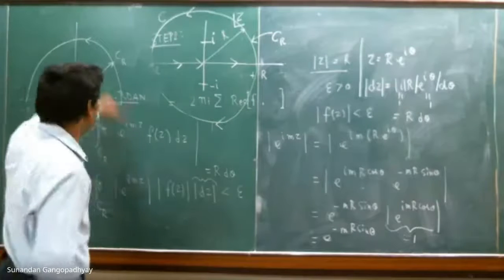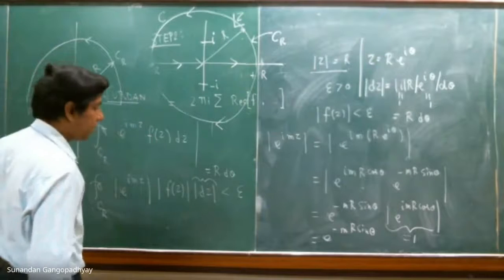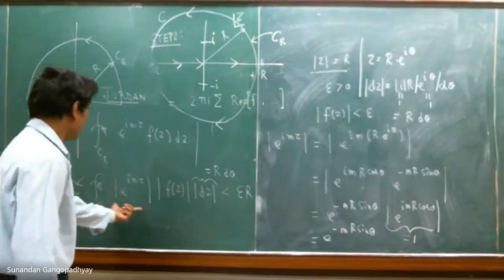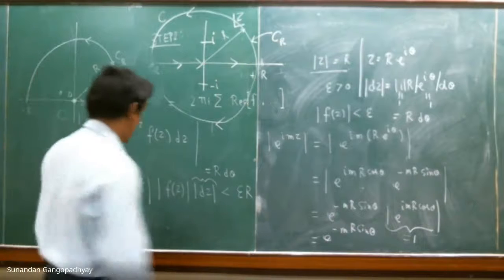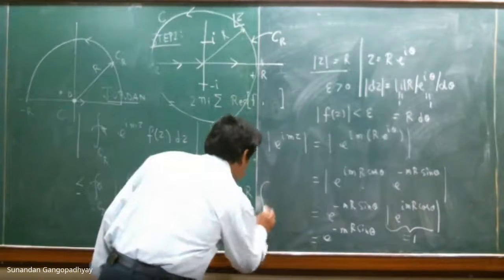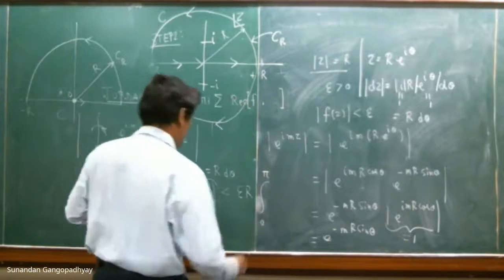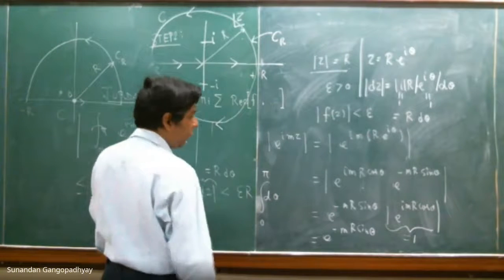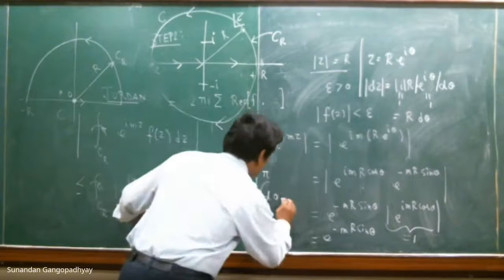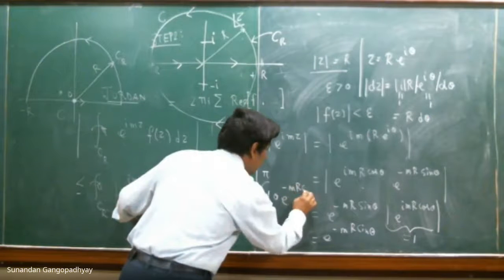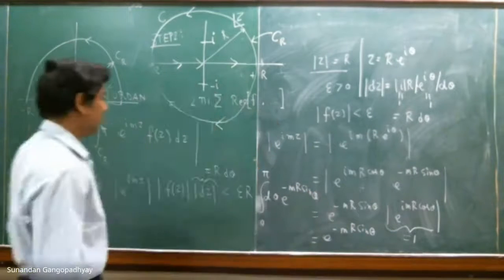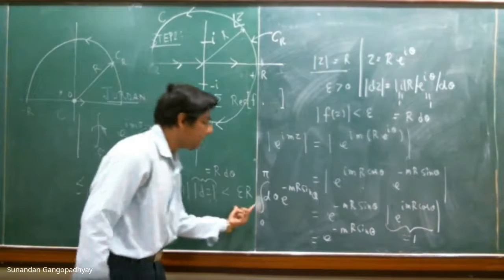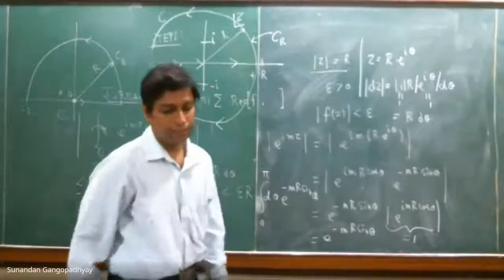R is a constant over this semicircular arc, so I can take R outside. The integral will be from 0 to pi d theta, and the modulus of e to the power of i m z is e to the power of minus m R sine theta. That's it. So the modulus of this integral is less than R epsilon times this integral.